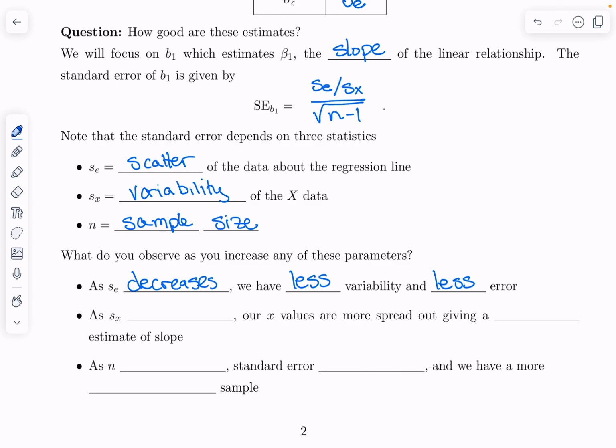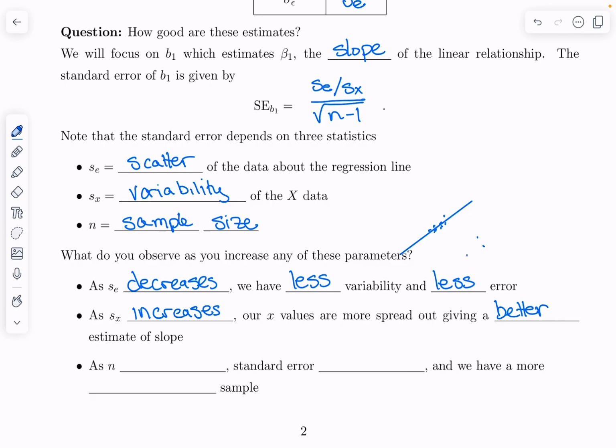But if you increase our variability in x, our x values are actually more spread out, which is going to give us a better estimate of slope. So just drawing a little picture, if you have data that looks like this, sure, you can draw a line around it, and that gives you the best fit line.